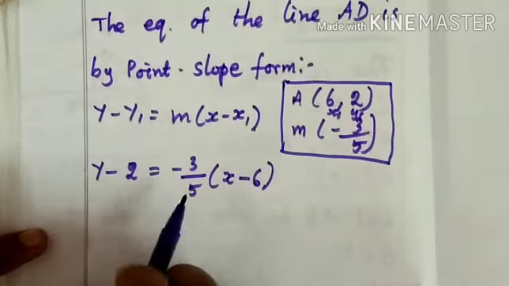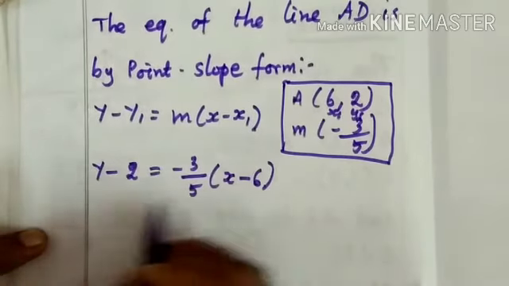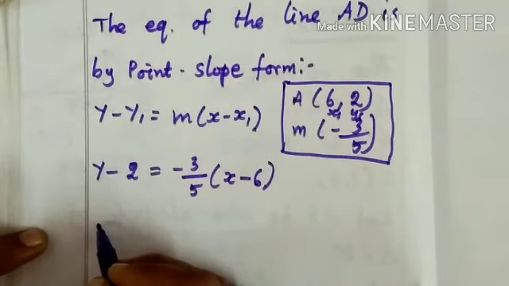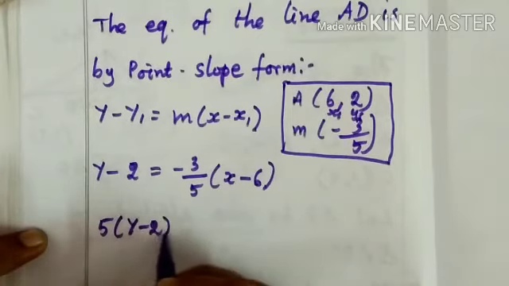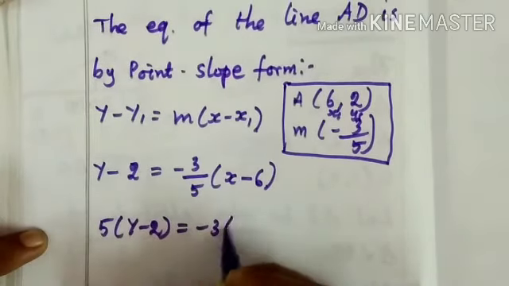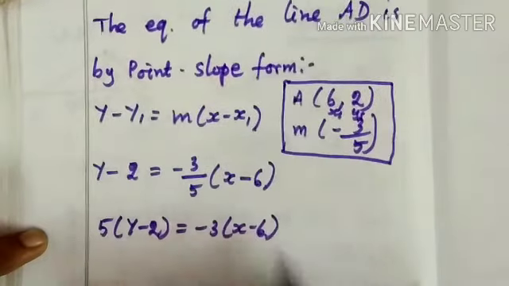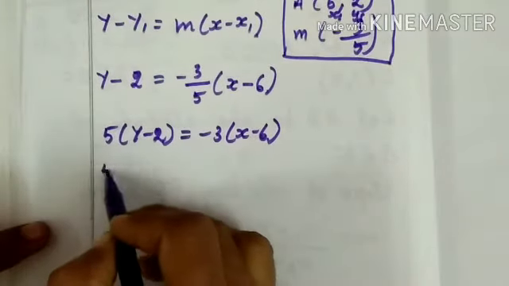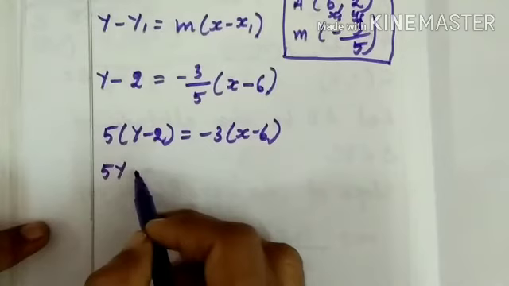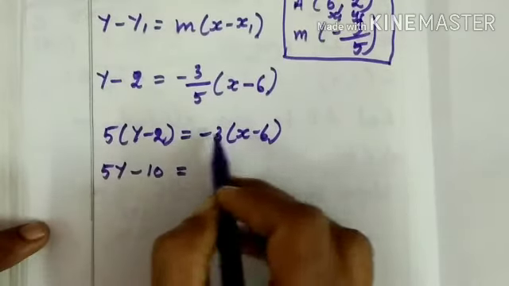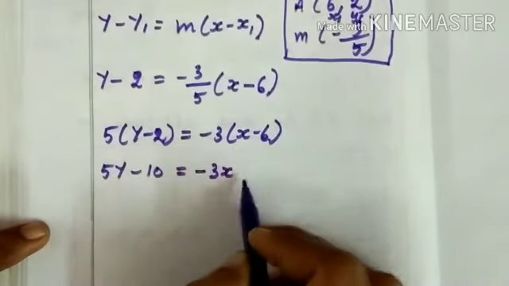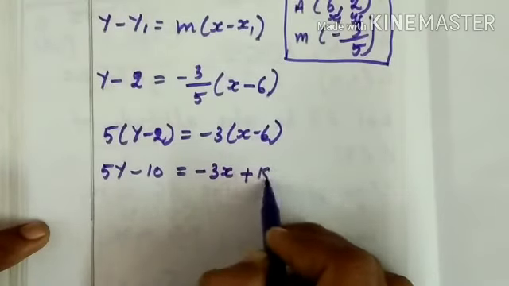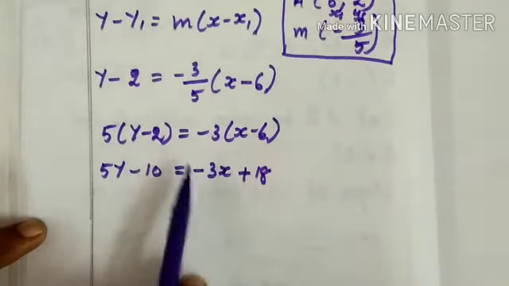Now cross multiply this, and we get 5 into (y minus 2) is equal to minus 3 into (x minus 6). We get 5y, 5 into minus 2, minus 10, is equal to minus 3x, minus 3 into minus 6, plus 18. We need the x term positive.